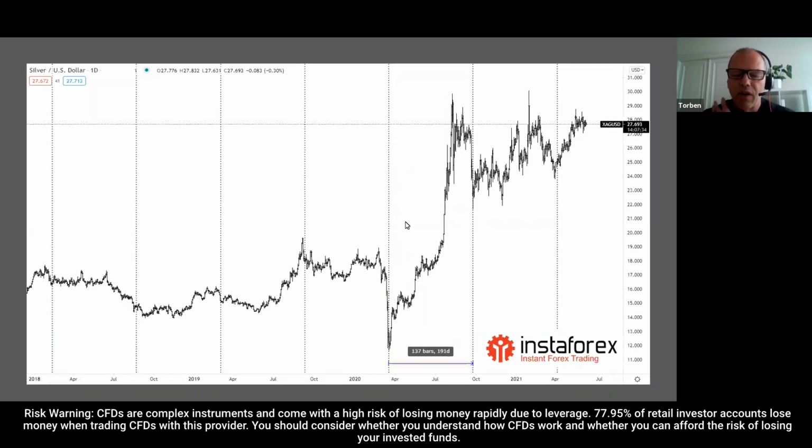What I have done now, I've extended it to the left too, same cycle length. This is the way that you should do it. It should be pretty simple to do it this way.